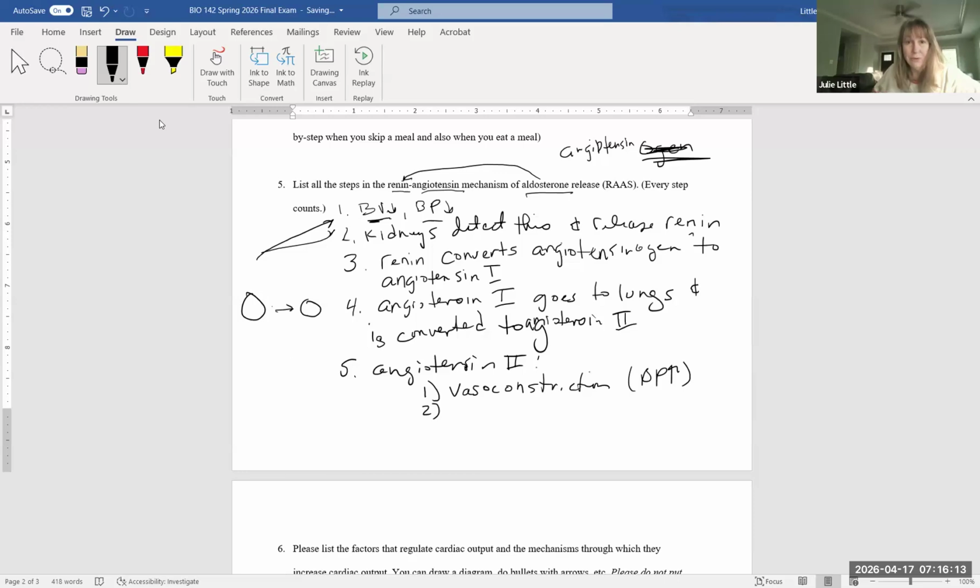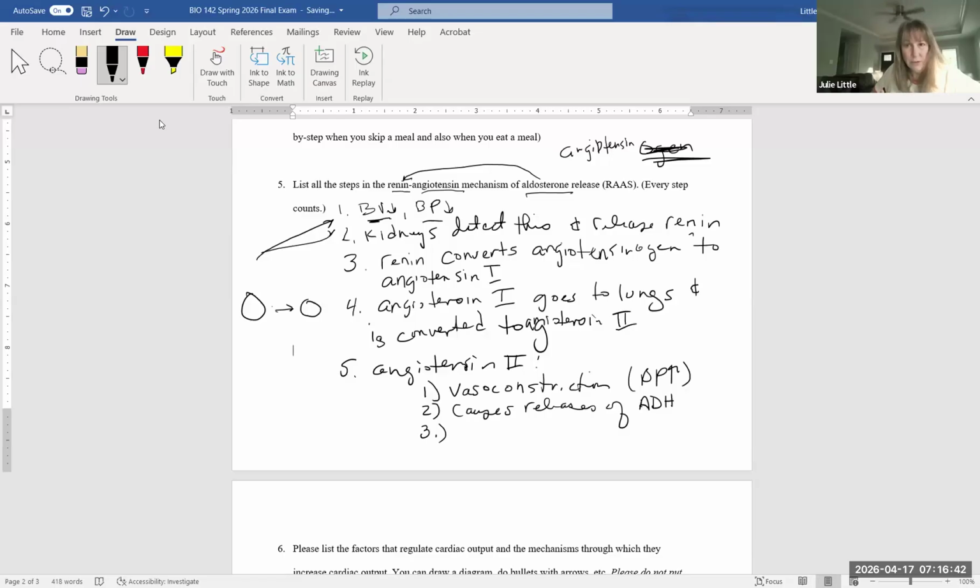So we want to release antidiuretic hormone so we don't lose more fluid. That's one of the reasons it causes release of ADH. Don't just abbreviate that on your final, spell it out. Antidiuretic hormone, we had it in the endocrine system.